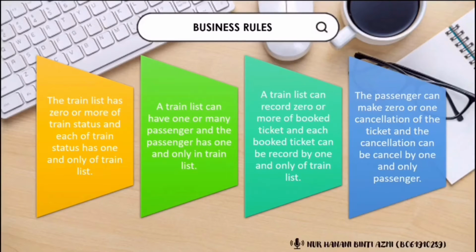The third is a train list can record 0 or more book tickets, and each book ticket can be recorded by one and only one train list. The last is the passenger can make 0 or 1 cancellation of the ticket, and the cancellation can be made by one and only one passenger.